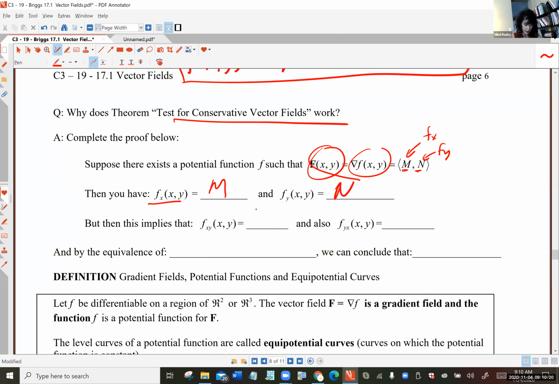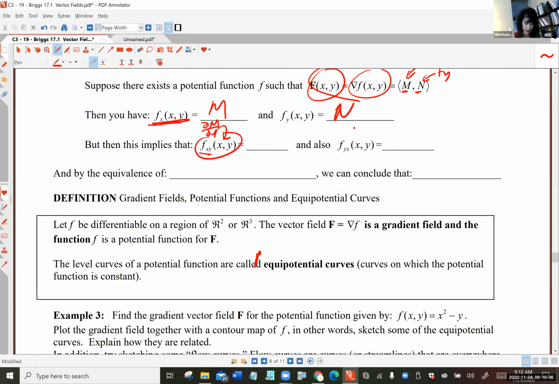Another notation that you'll see, and you'll see this notation in a differential equations book also, is big M subscript y. That just means take the partial of M with respect to y. And also, when you're getting f_yx, well, you're taking N's derivative with respect to x.